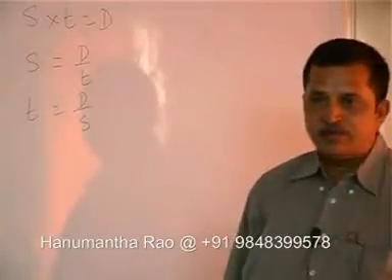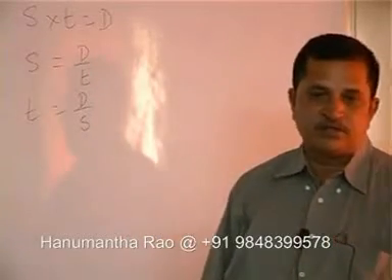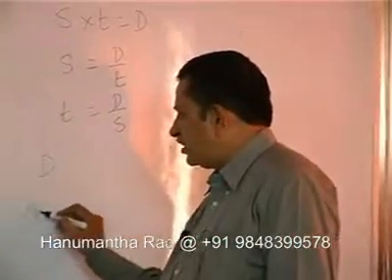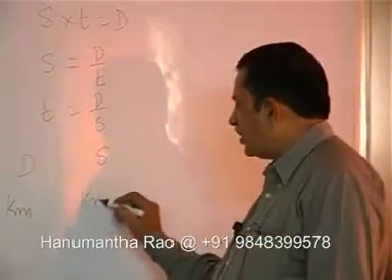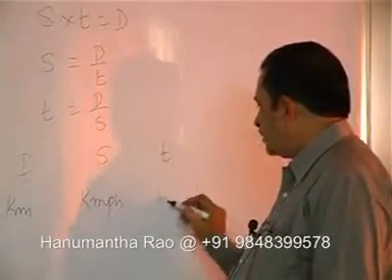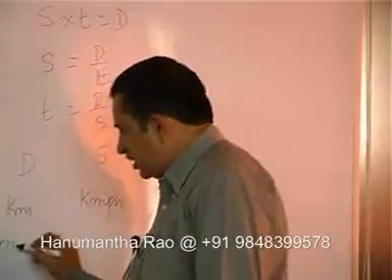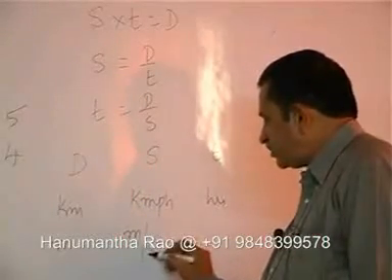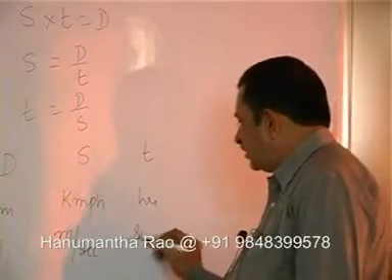In the problems, mainly we come across two types of units. If the distance is in kilometers, the speed should be in kilometers per hour and the time will be in hours. If the distance is in meters, the speed should be in meters per second and the time will be in seconds.